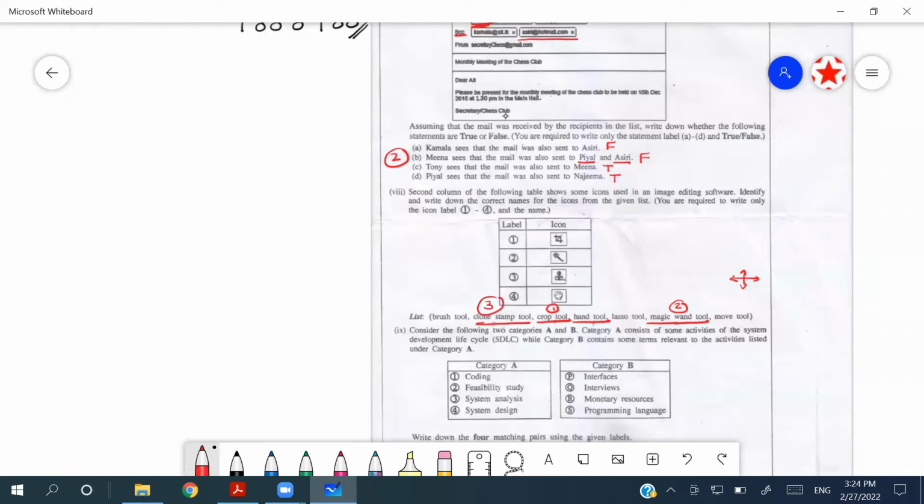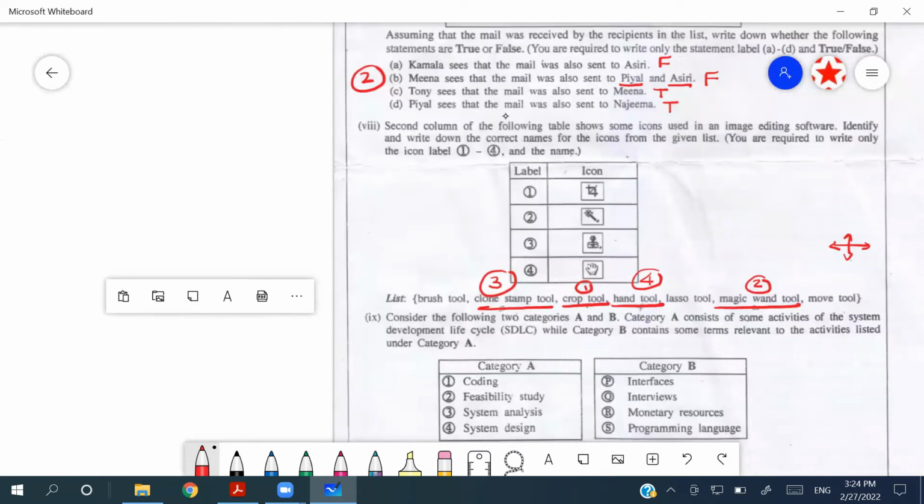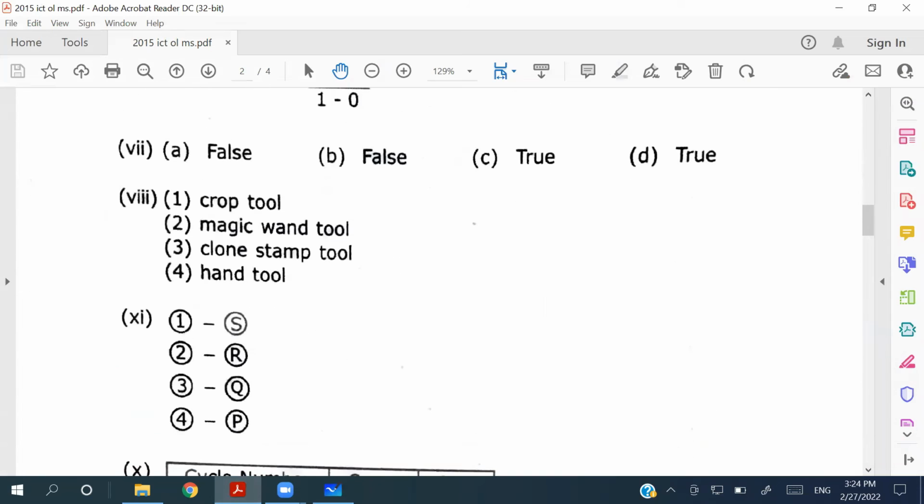Okay, so this is going to be 3 and this is going to be 4. Right, so let me cross check the things. Crop tool, magic wand, clone stamp, and hand tool.